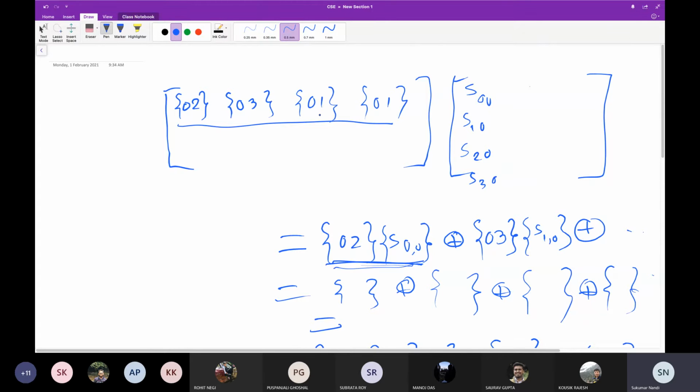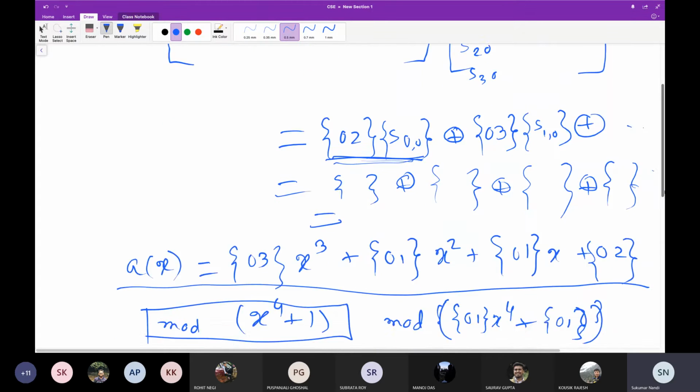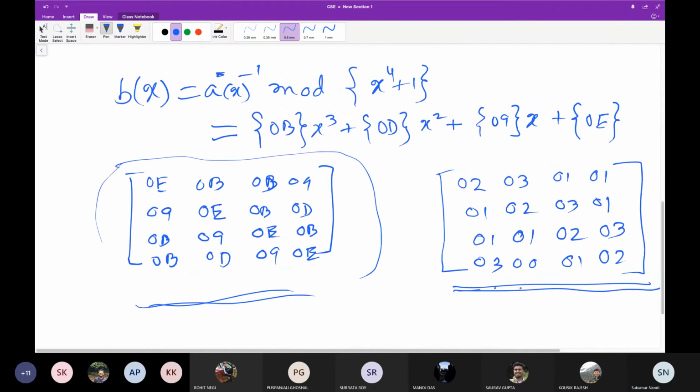So the operations here are minimal, because it is either as it is or a 1 shift, with simple modulo GF(2^8) algebra. So the operation required to compute mixed column is much simpler than the operation to calculate inverse mixed column. How? 0E.